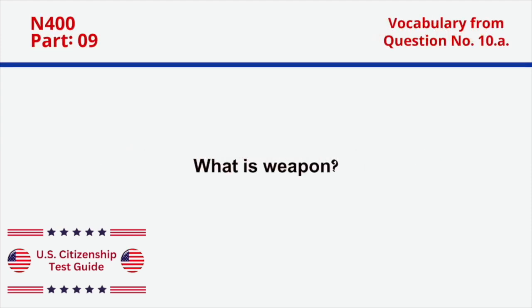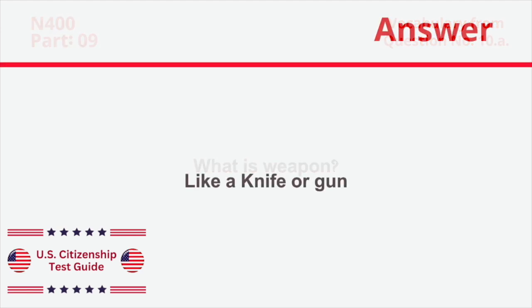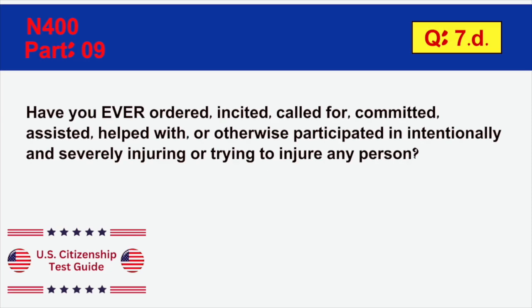What is weapon? Like a knife or gun. Have you ever ordered, incited, called for, committed, assisted, helped with, or otherwise participated in intentionally and severely injuring or trying to injure any person?